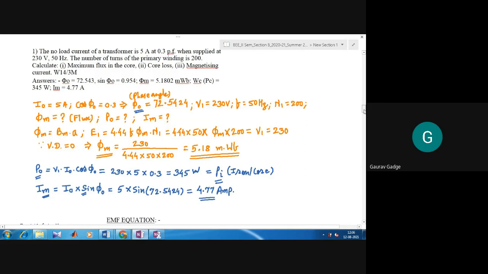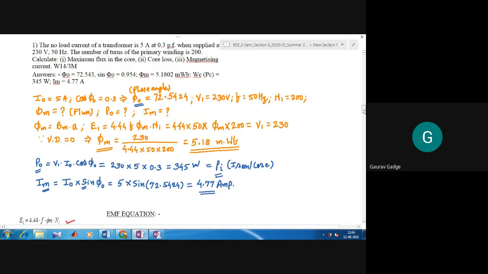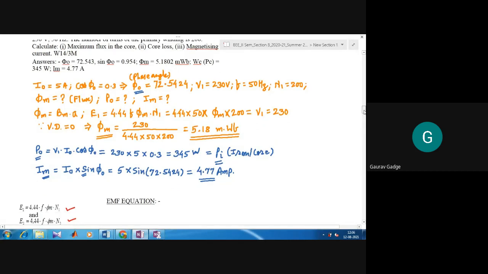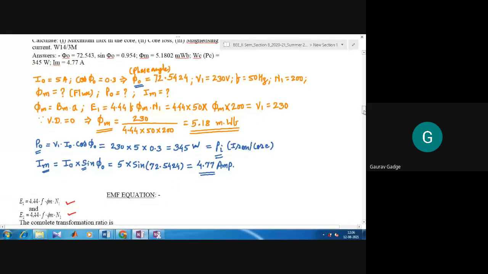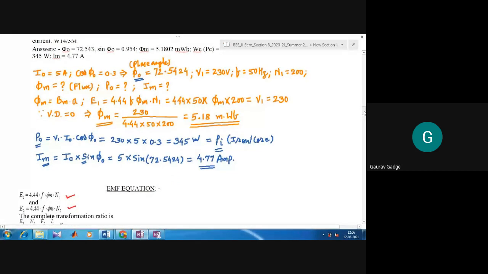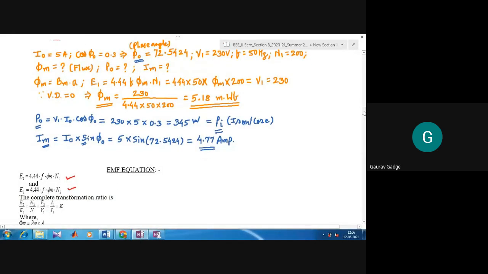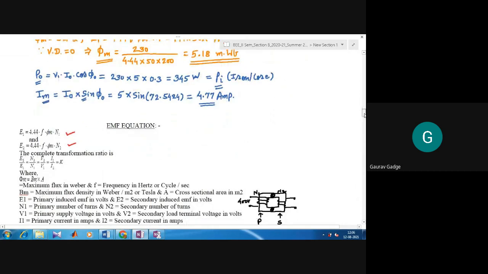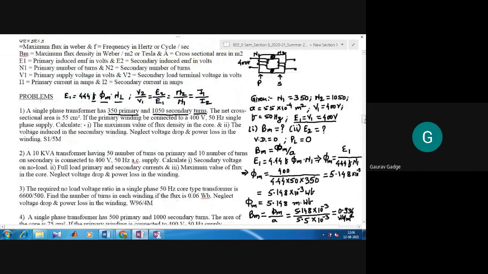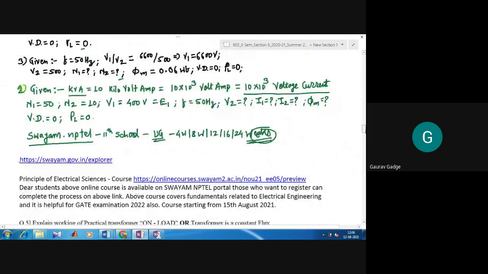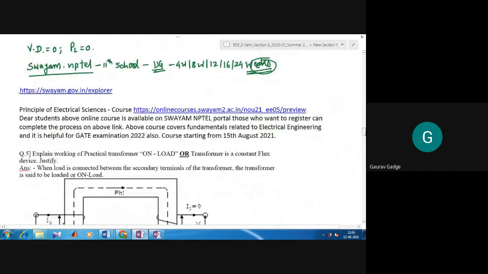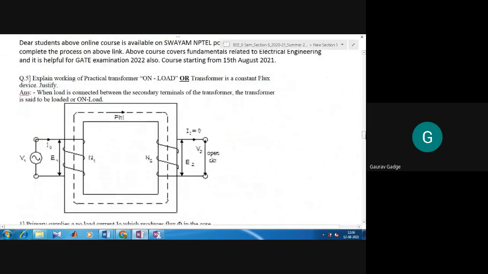So 5.18 milliweber. Then P naught is V1 I naught cos phi naught. So putting the values of the known parameters, then Im, that is magnetizing current. So that gives me this. Okay, so that's all. कल की क्लास में हम लोगों ने EMF के ऊपर न्यूमेरिकल देखा था. आज की क्लास में हम लोगों ने नो लोड के ऊपर न्यूमेरिकल देखा होगा.